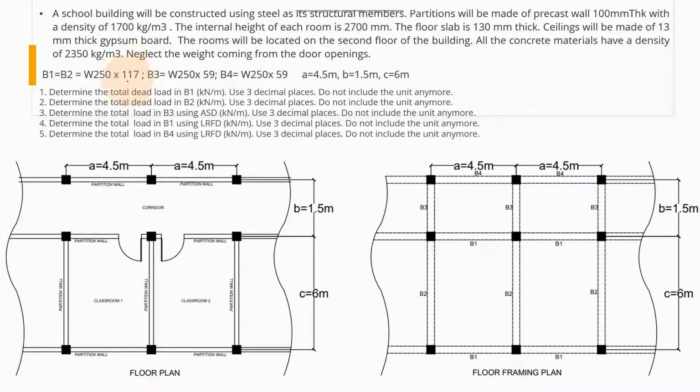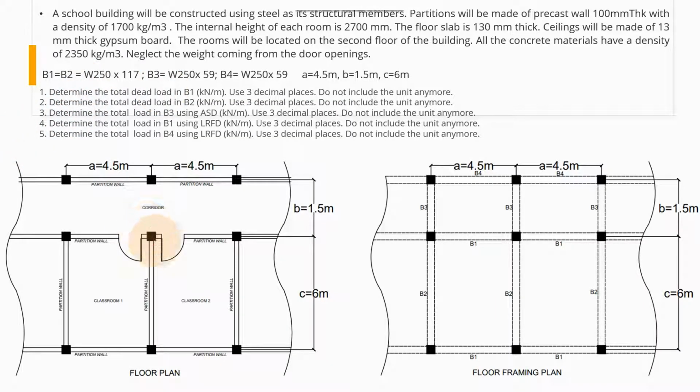So don't be surprised if 117 did not come out in your exam, because the values I put in are not the same for everyone. And if you check in our steel handbook, there is no value of 250 by 117. So this is intended for your exam only, okay? We do not need the geometrical properties of our steel sections here because we are just computing for the loads. So these sizes are just intended for your exam.